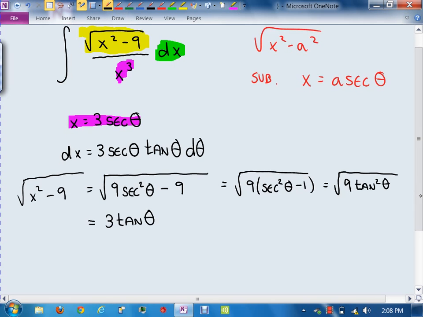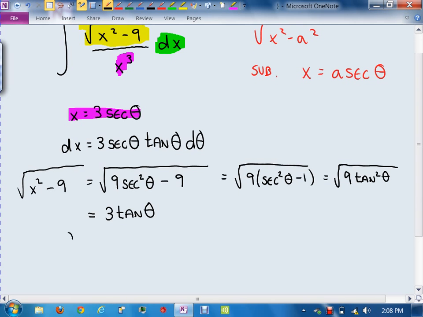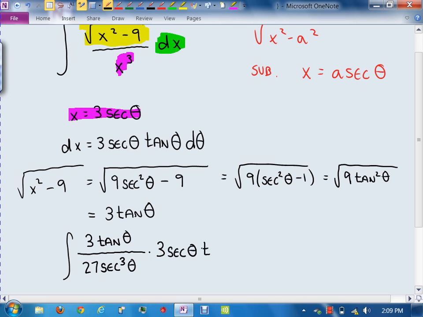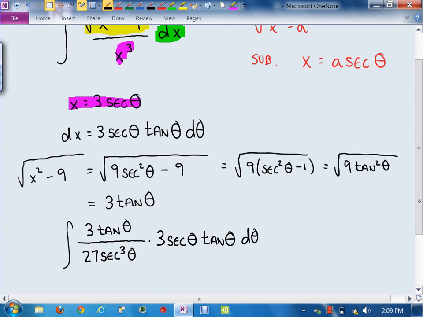So it becomes, try and leave that integral up there: the integral of 3 tan theta, that square root stuff, over the denominator x cubed, which is 27 secant cubed theta, and then dx is 3 secant theta tangent theta d theta.